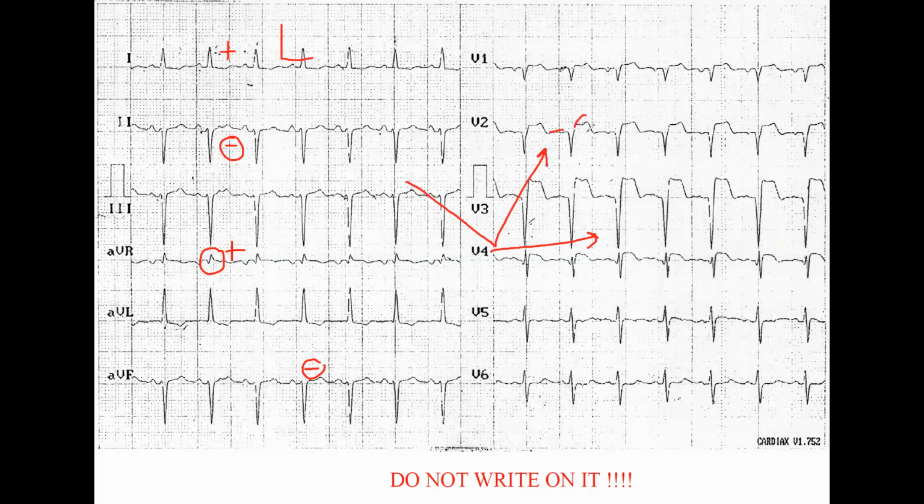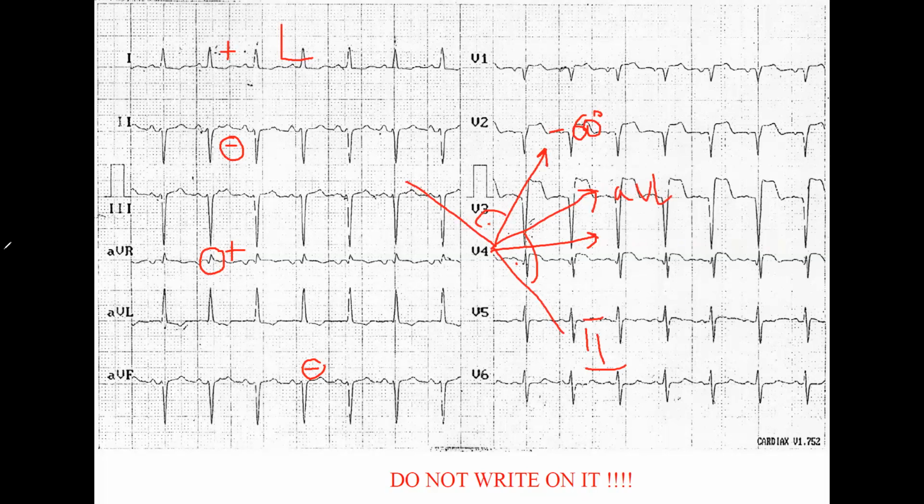AVR is positive, so it's closer to minus 30, minus 60. Minus 30 is perpendicular to lead number 2. So that's an extreme left deviation.